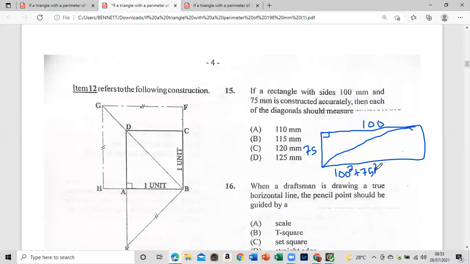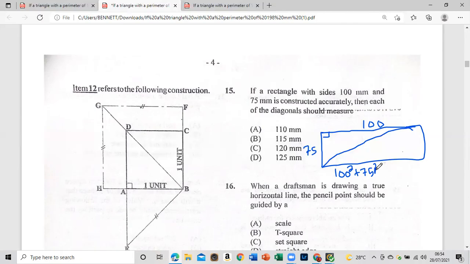So you get 15,625. And we're supposed to find the square root of that. So the square root of 15,625 is... This is not 15,000.